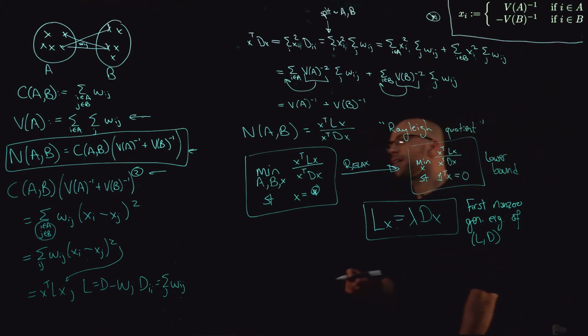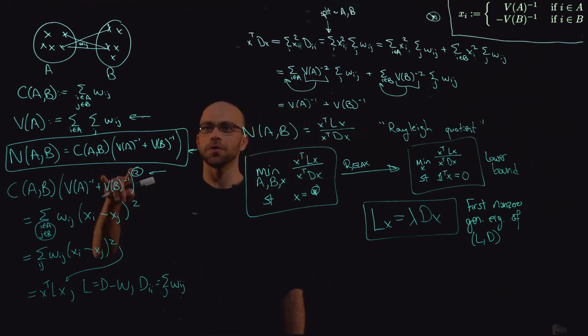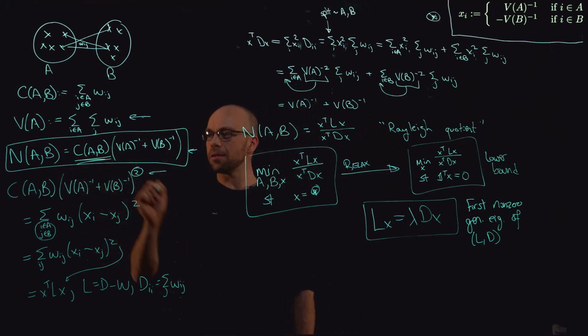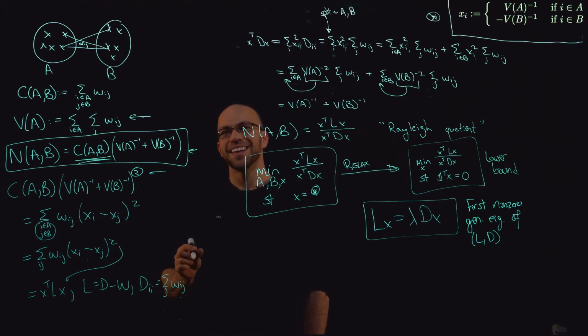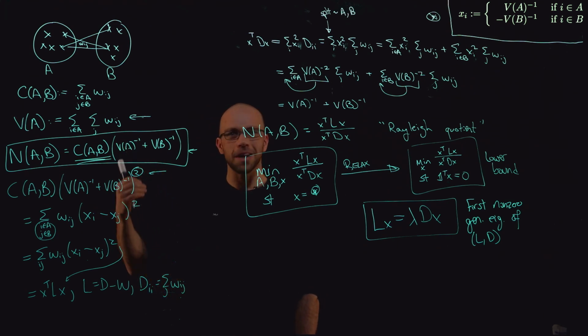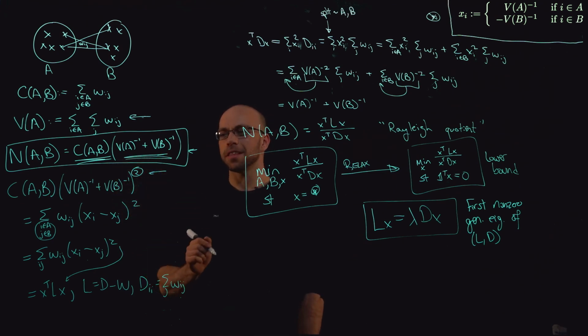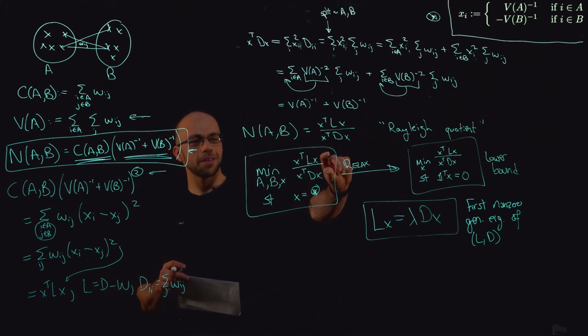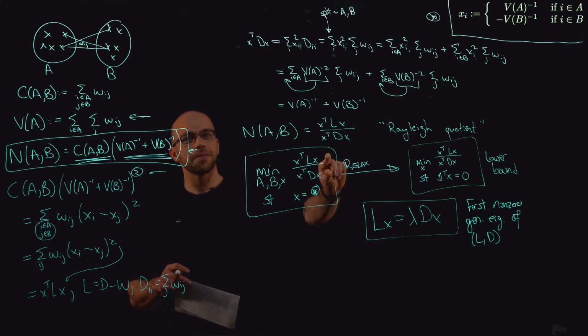So we started with this objective over here on the left-hand side, right? This is saying that I'd like to optimize the cut score, but there's a problem, which is that this score by itself just wants to put everything into one side of the cut. So I fixed that by normalizing by basically the size of the two cuts. Now I write this really funky version of this problem, which looks like the ratio of two quadratic forms.